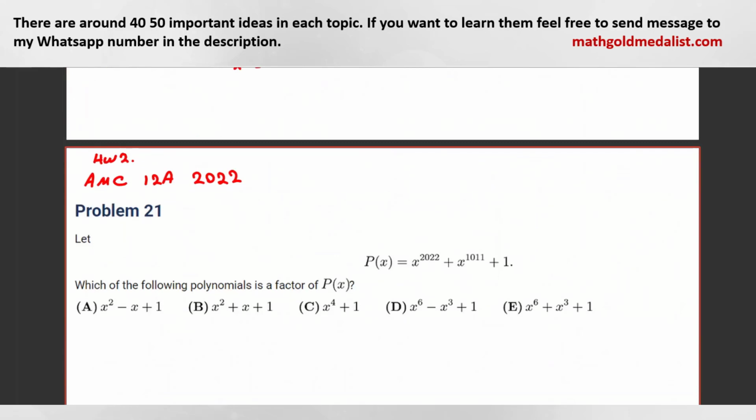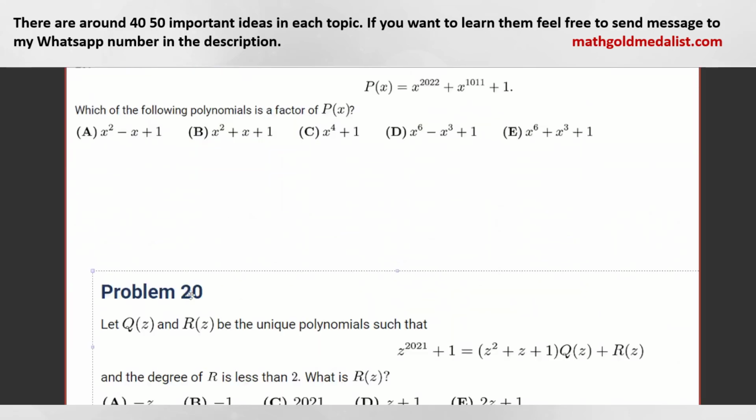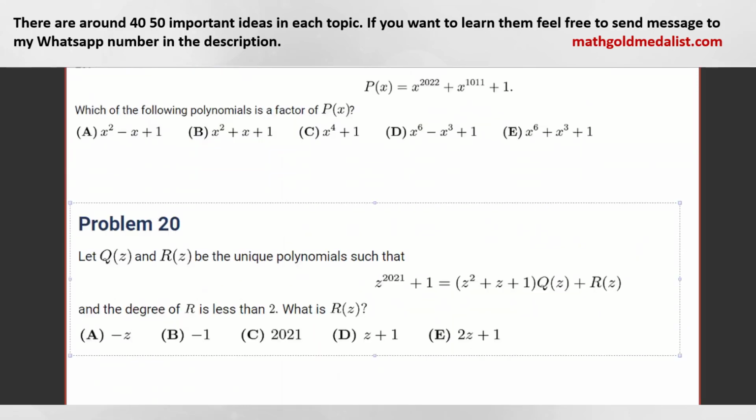Homework 3 is this one. Homework 3. It is AMC 12B 20. No. It is AMC 12. Let me check. It is 2021, but I should check. It is fall or spring or something like that. But it is AMC 12, 2021.